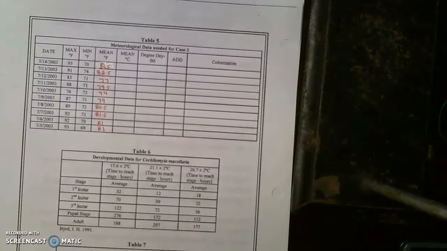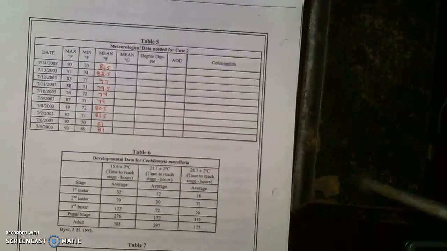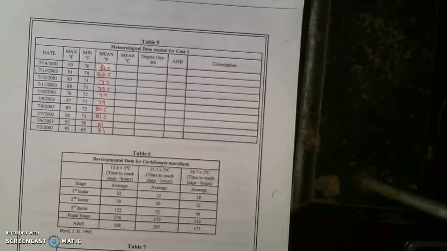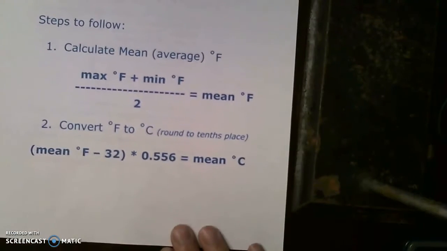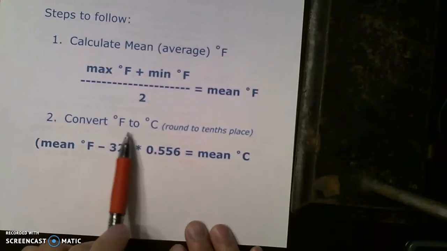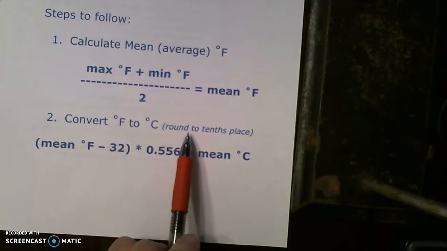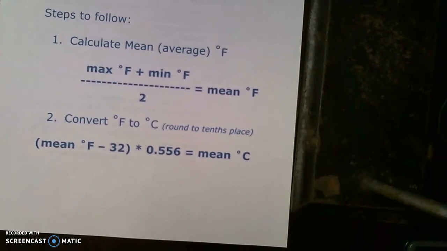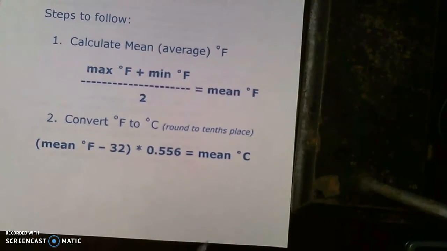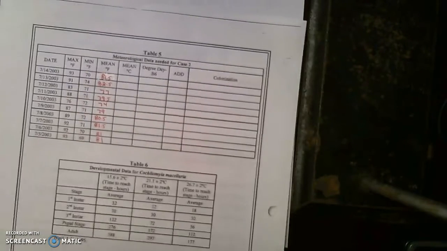Step 1 is complete, and that's what you should see for that mean degrees Fahrenheit column. The next step, what we're simply going to do is convert Fahrenheit to degrees Celsius. And most importantly, we're going to round to the tenths place. So here's my equation: the mean degrees Fahrenheit minus 32 times 0.556, and that will give me my mean degrees Celsius.